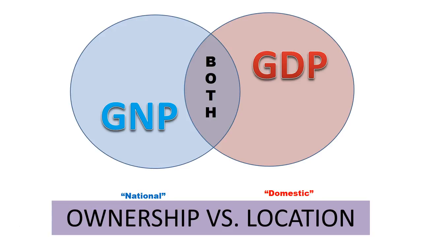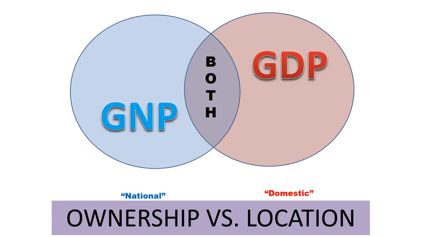A great way to look at that is ownership and location. For GNP, gross national product, this would be a company that is producing things in the United States, like Ford. Okay, GDP, gross domestic product, is going to be a company that's producing things in the United States, like Ford. Oh wait, that means you could be both GDP and GNP. So let's go back.